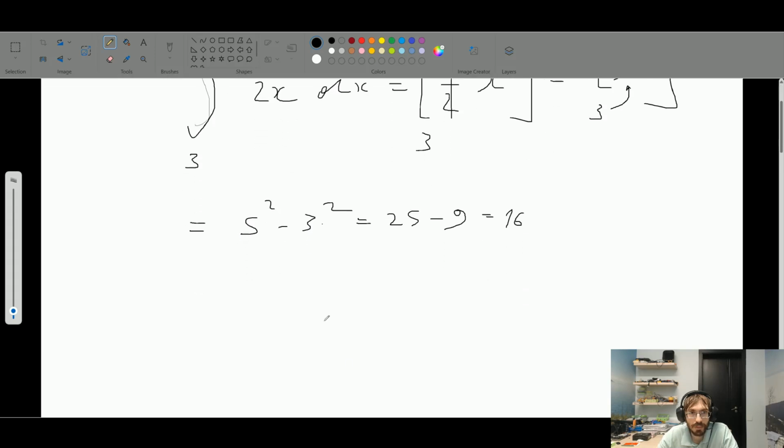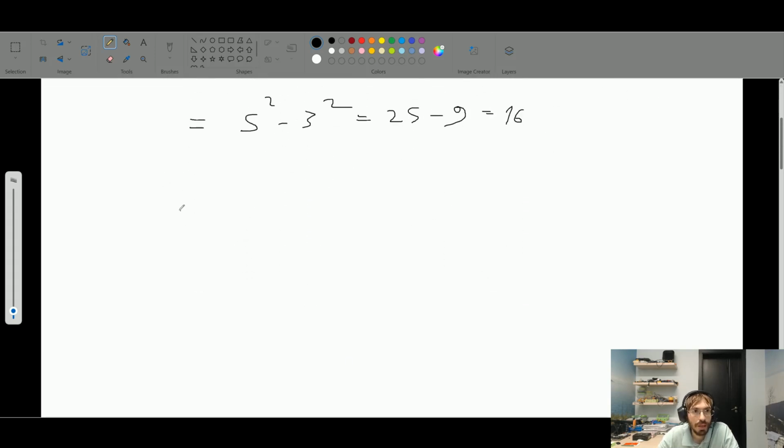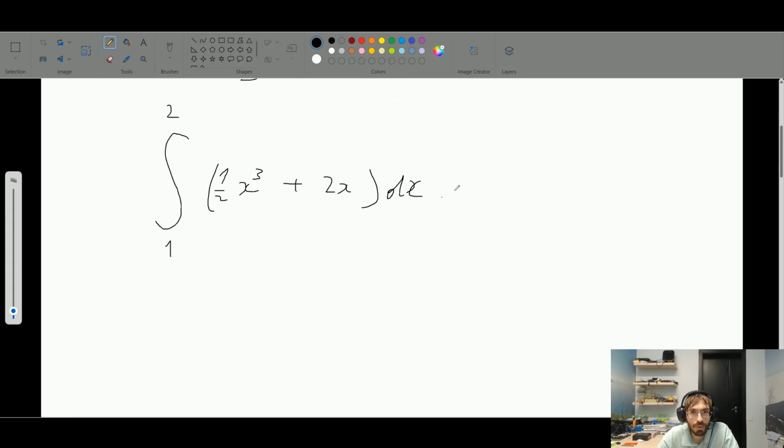Let's make one more example. Let's solve it. So for example, you have the integral of, let's say, 1/2 x power 3 plus 2x, and then this all is dx, and the integral from, let's say, 1 to 2. How to do that?